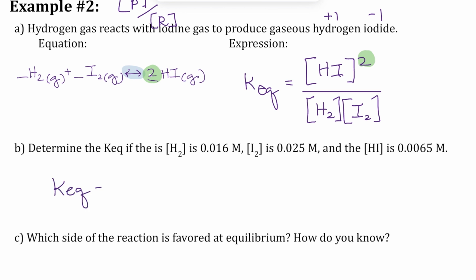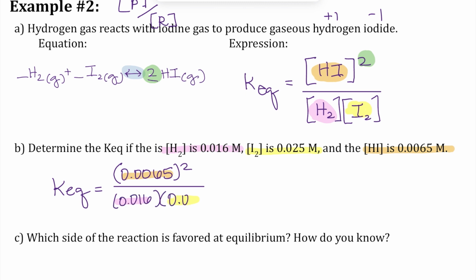So that KEQ, we've got HI, that's going to go on the top there, HI squared, over our H2 hydrogen times that iodine. So we've got 0.016 times 0.025. And then we can plug that into our calculator, and I get 0.11.